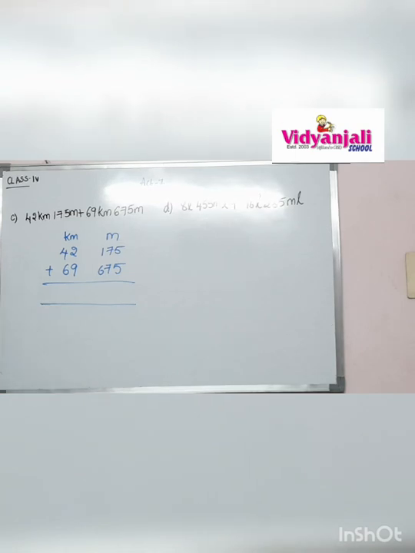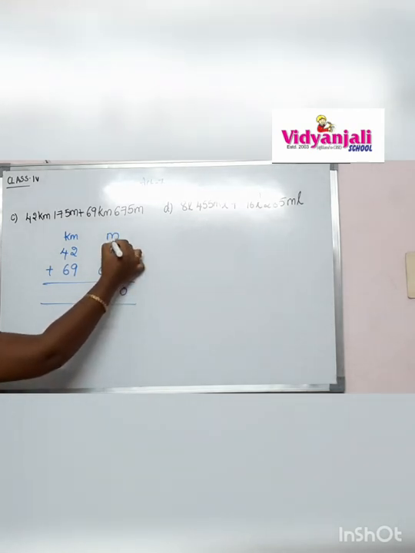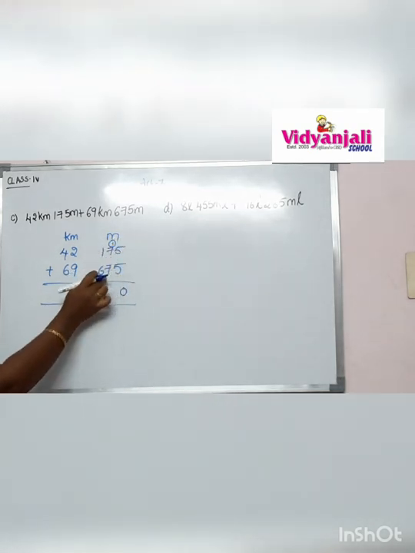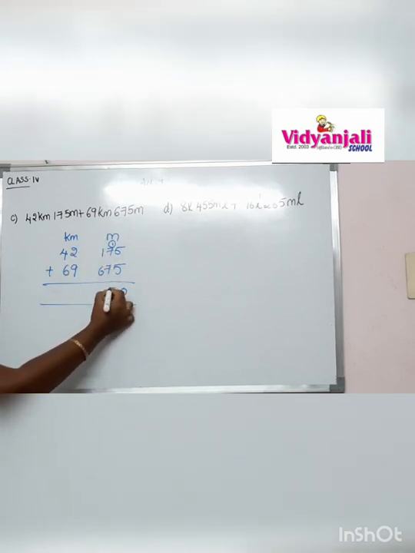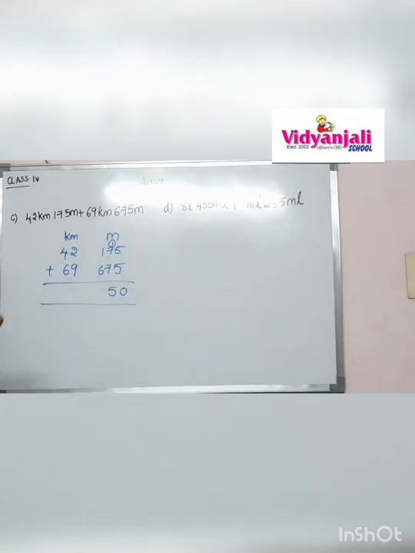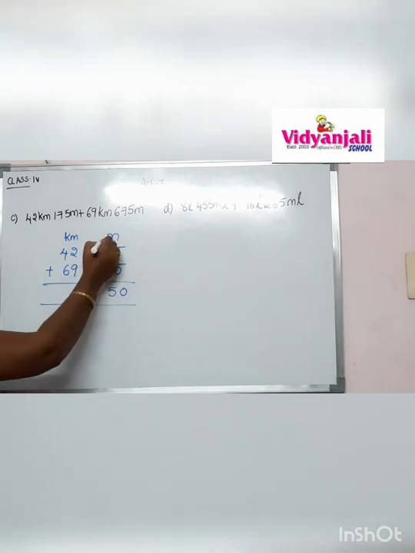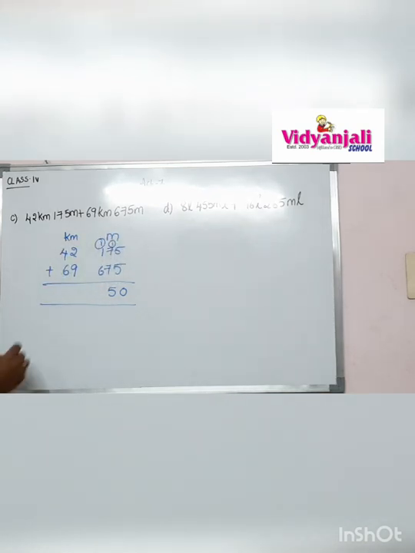Now you have to add this. 5 plus 5 is 10, so 0 here and 1 carried forward. 7 plus 7 is 14. 14 plus 1 is 15. So 5 here and 1 carried forward. 6 plus 1 is 7. 7 plus 1 is 8, so we write 8 here.